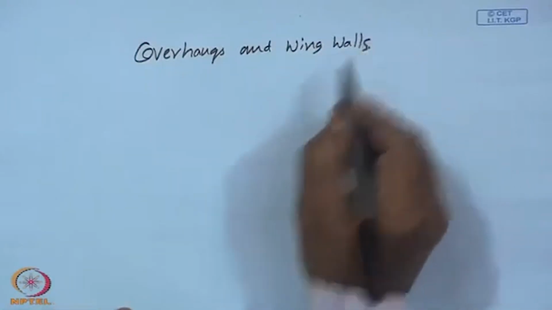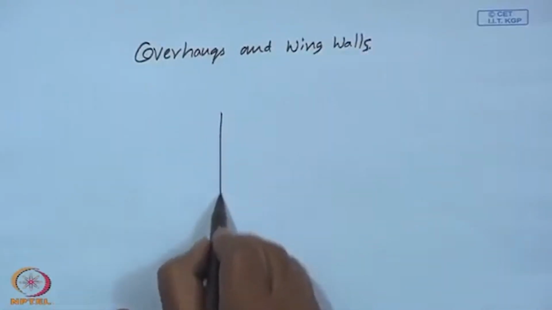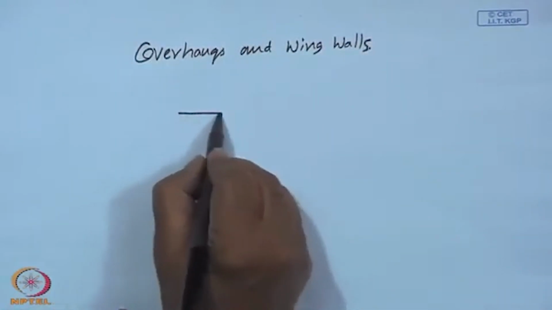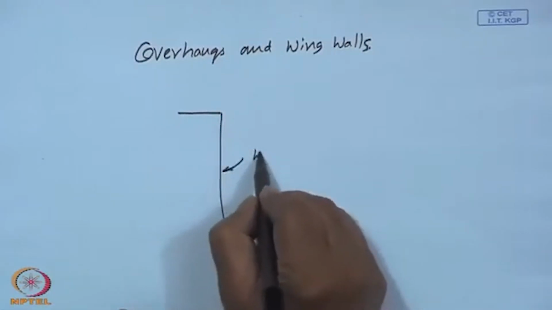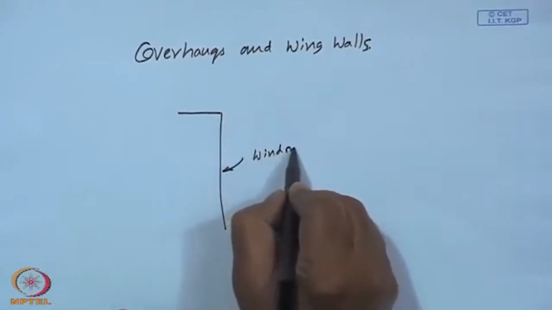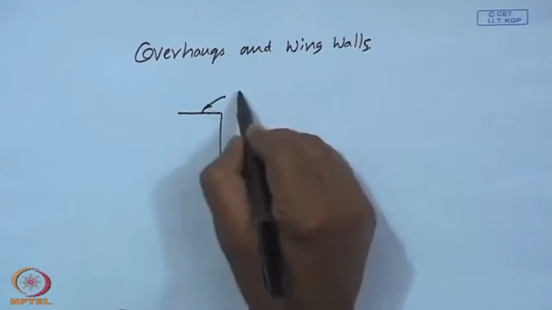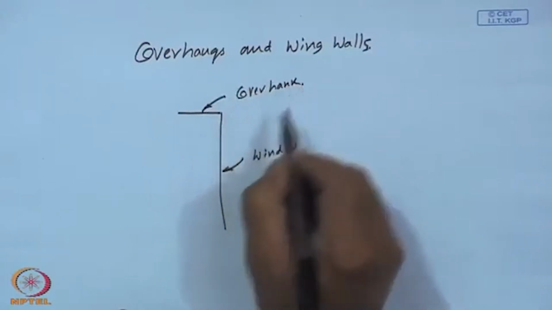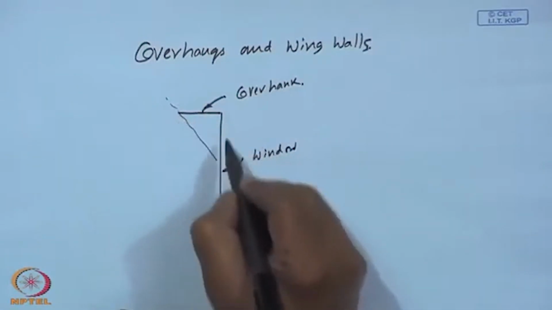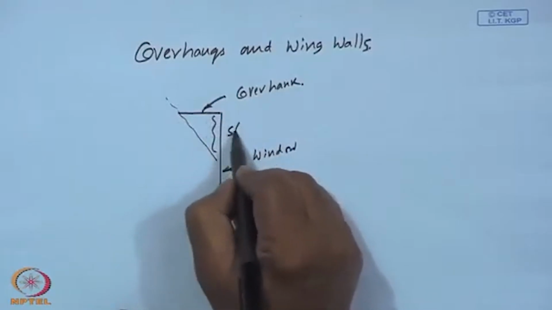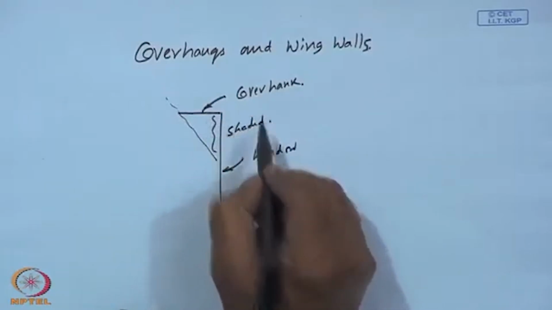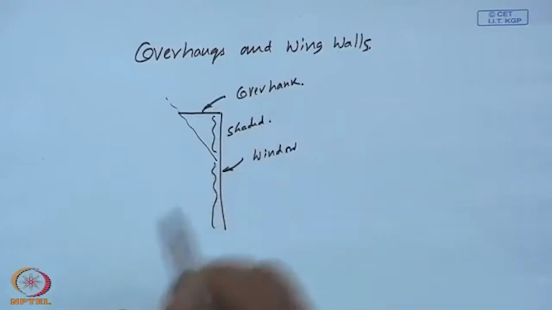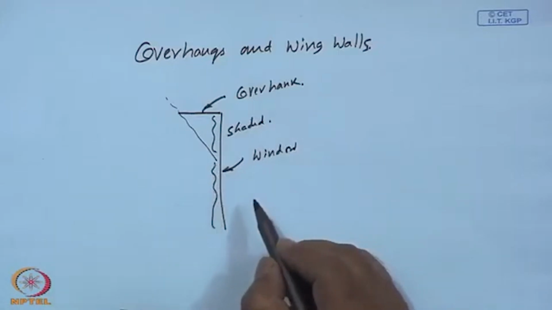The whole idea is, if you have, in the end view, this is the window and this is called the overhang. So, this will not let the sun shade it over a certain area, and the remaining part can be lit.